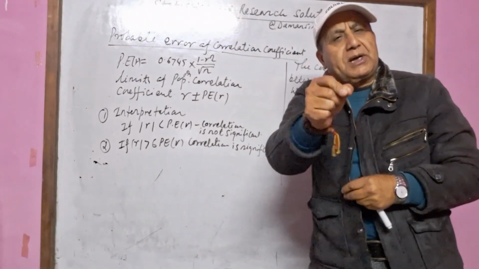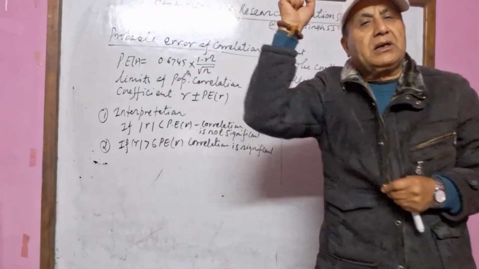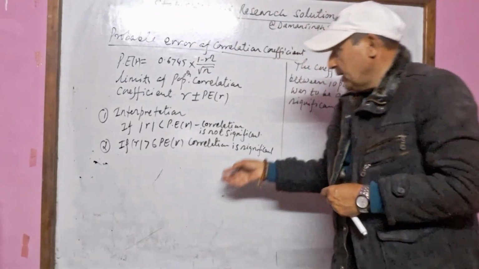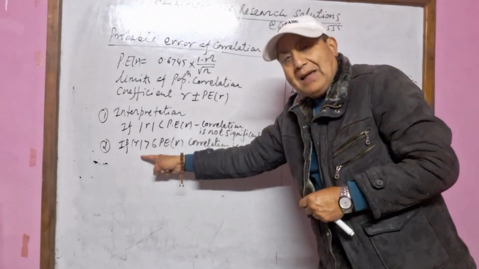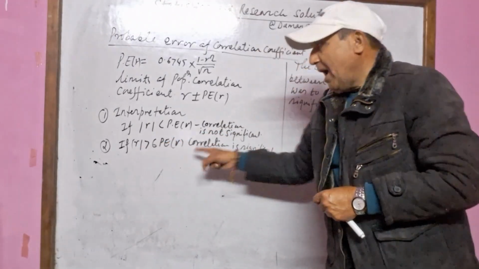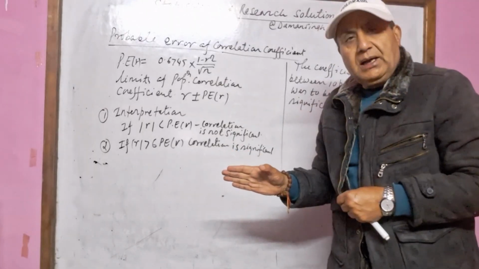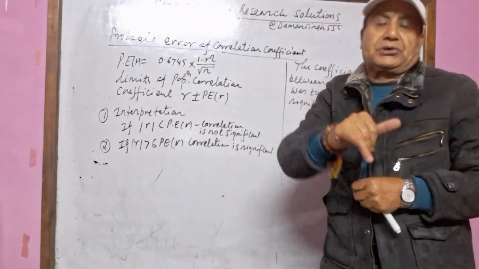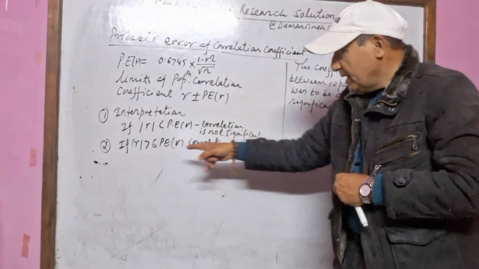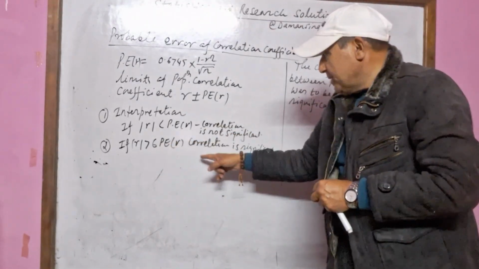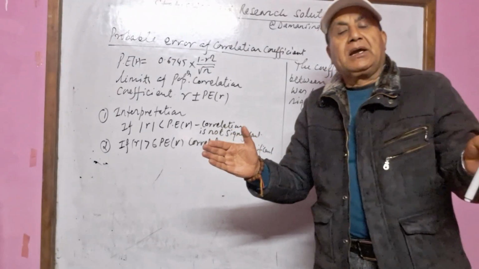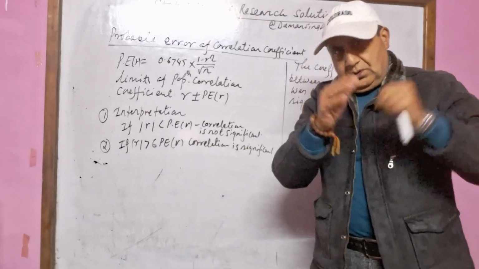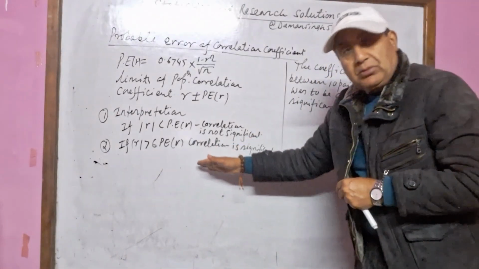That correlation coefficient is not significant, not important. There is no correlation, we can say. If R is greater than 6 times PE, you multiply PE by 6, then that is significant. So keep this in your mind.